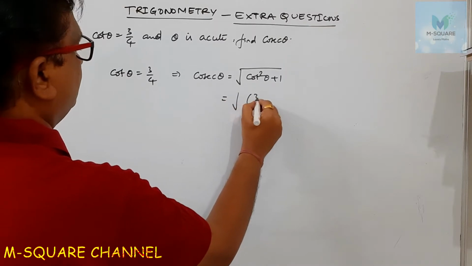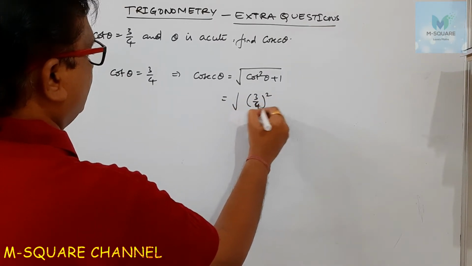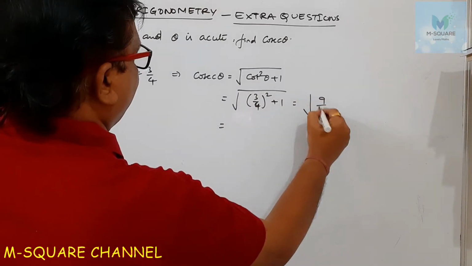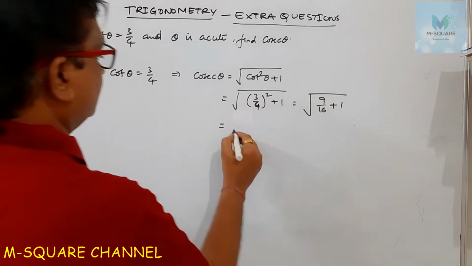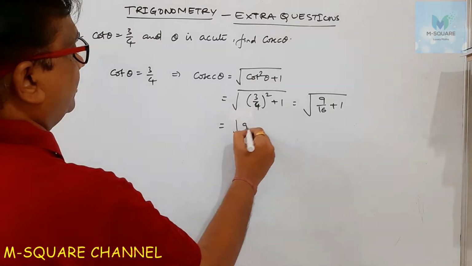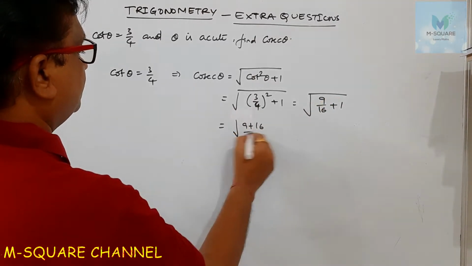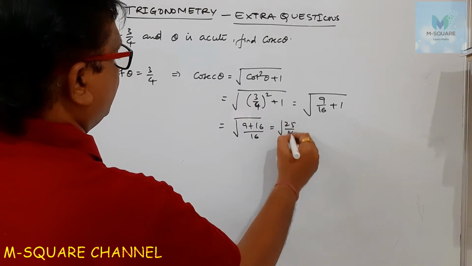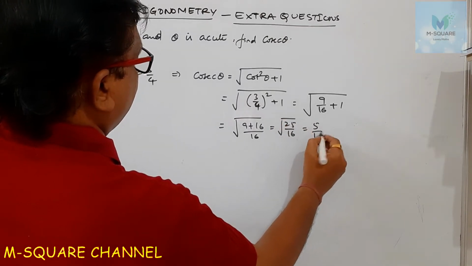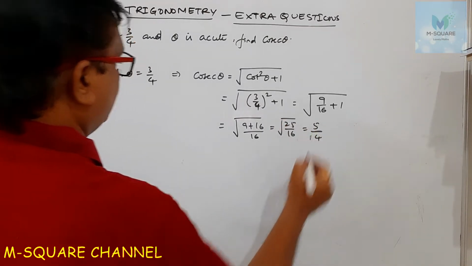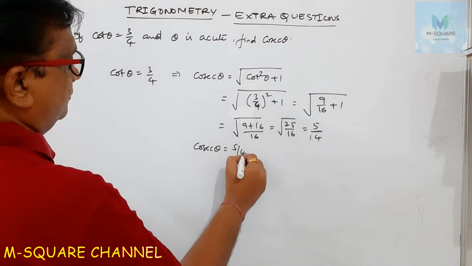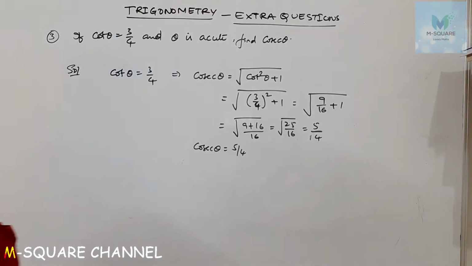So root of (3 by 4) whole square plus 1. Root of 9 by 16 plus 1. So 9 plus 16, that is 25 by 16, we get 5 by 4. So cosecant theta equal to 5 by 4.